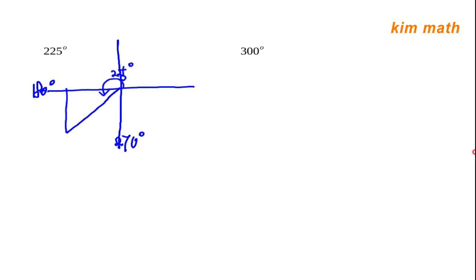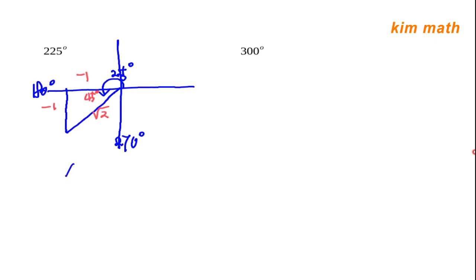Now, what is the reference angle? Is 225 minus 180, which will be 45, right? Wow, can you see that? This is a special triangle. So 1, 1, radical 2. In this picture, please note that this must be negative, this must be negative also, right? Left side value is negative, downside value is negative.